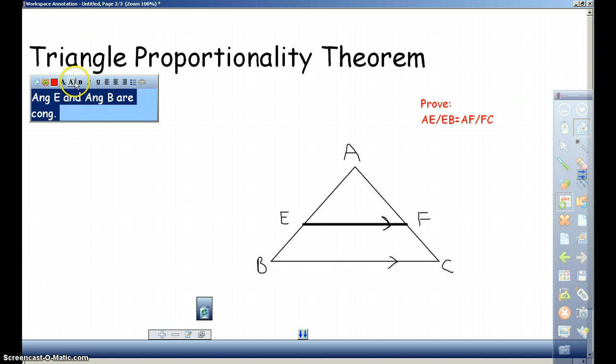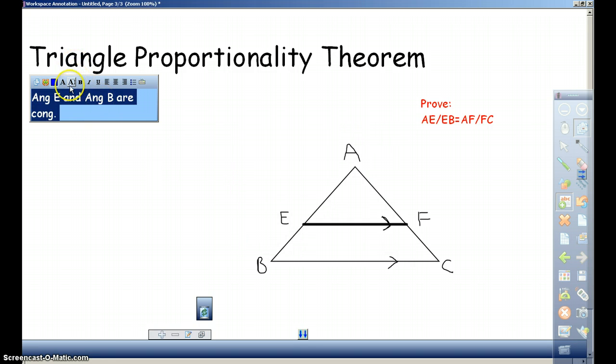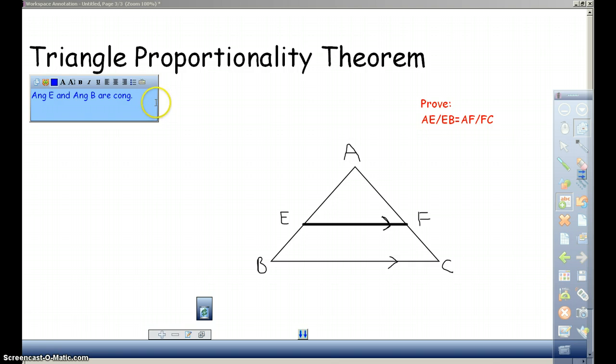And I'm going to go in here real quick. I'm going to change all of this to a different color. We'll go with something like this. And then let's also change the size just a little bit so I can fit a little more on the screen. So they are congruent, okay? And angle F and angle C are congruent as well.